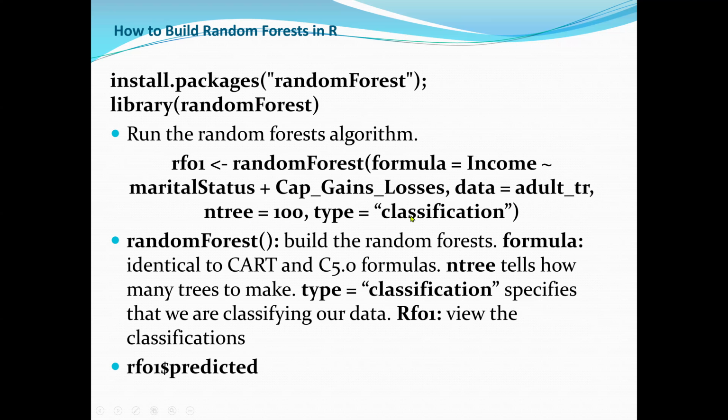And the type, of course, is classification. So again, as I said from the beginning, the same steps. If we haven't changed the marital status variable, we need to convert it to a categorical variable as we did in the CART model, then later to factors. We install and open the randomForest package. Those are the two steps here.